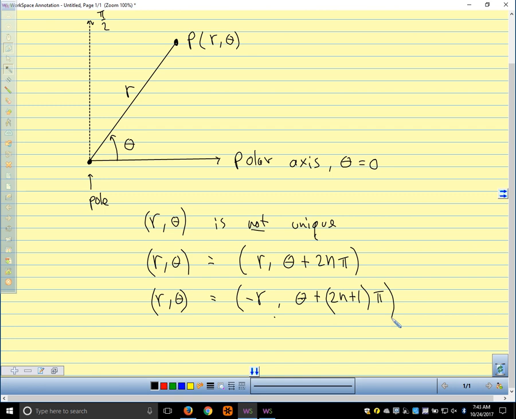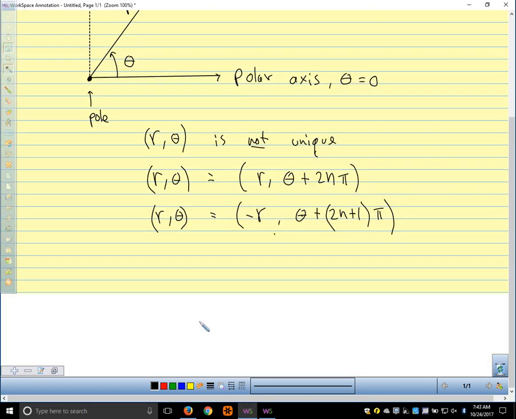And we can think of a negative r as going in the opposite direction from the angle where we're located. So if we're at pi over 4 here, we could be at 180 degrees or pi radians here and call that a negative r. So we go in the opposite direction to get to the same point.